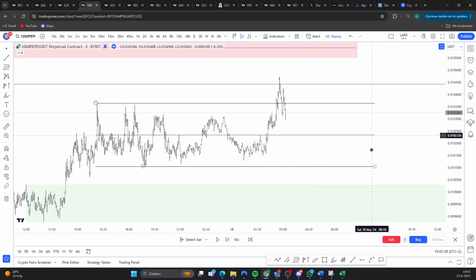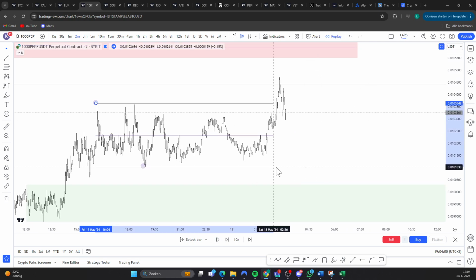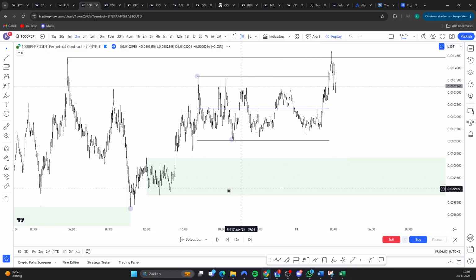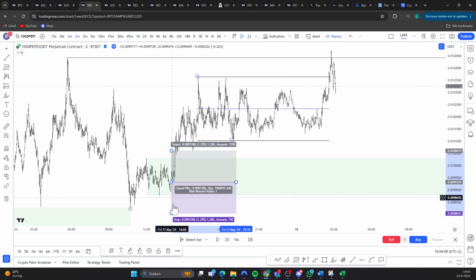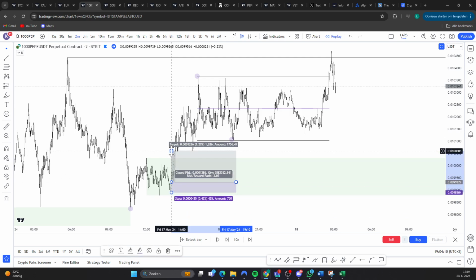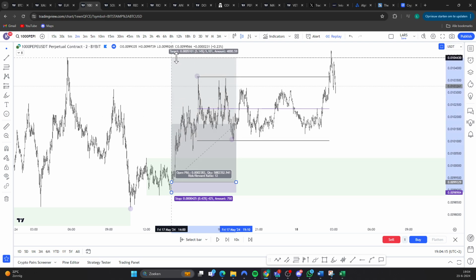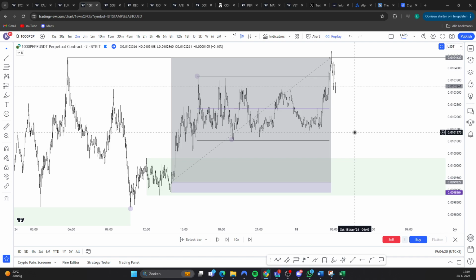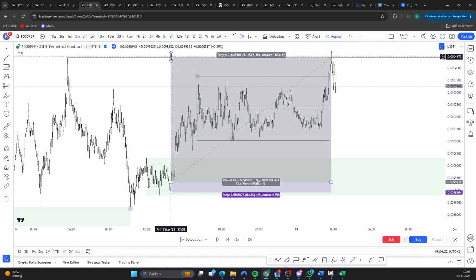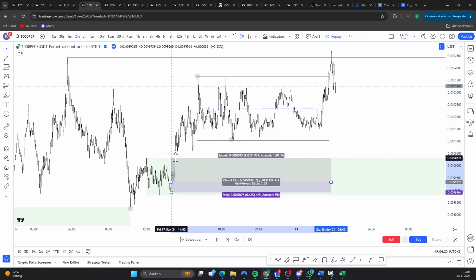Okay, so the weekend actually gave us a move up, hitting that target. So let's calculate what that would be. Right here we entered on that break, and we had a 2.3 to there. This will be a 12 risk to reward. However, we took out 50% at 2.3. So let's make the calculation real quick.